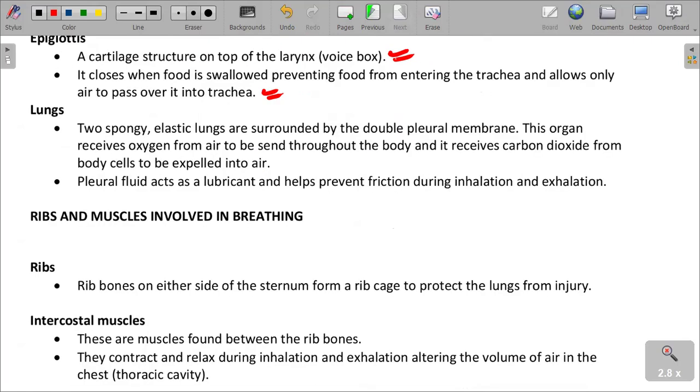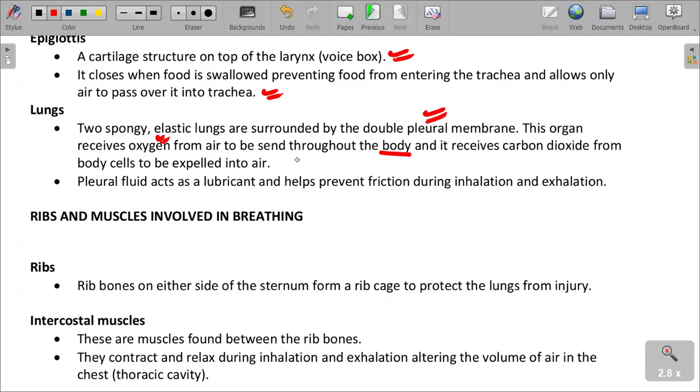And then the lungs: two sponge-like elastic lungs surrounded by double pleural membranes. This organ receives oxygen from air to be sent throughout the body. Remember, we said that oxygen is needed, and it receives carbon dioxide from body cells to be expelled.